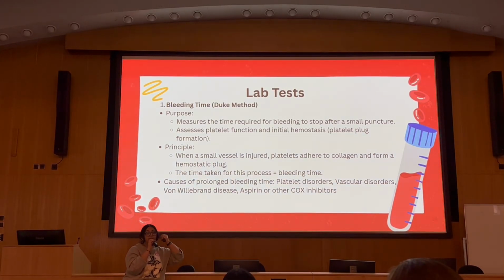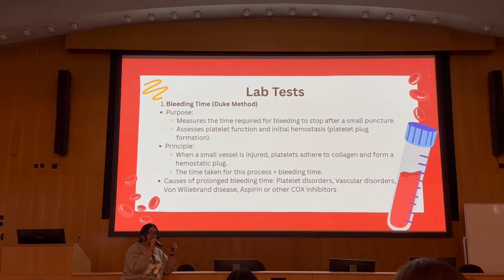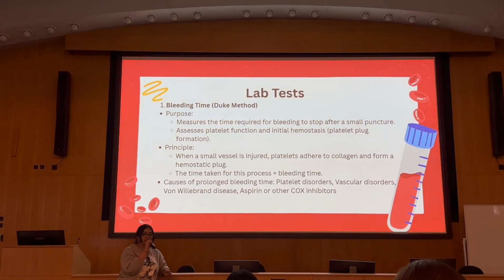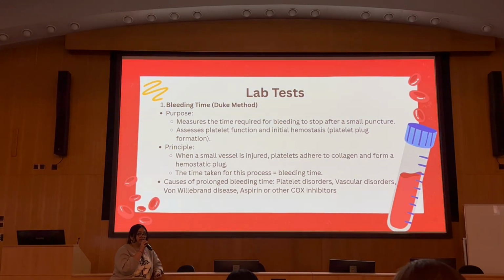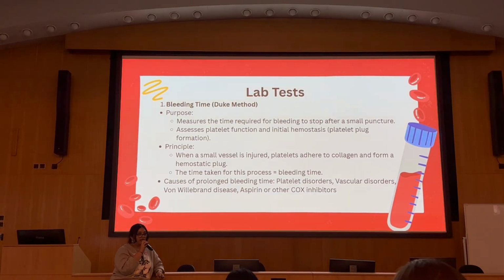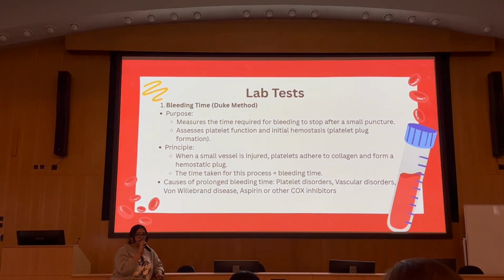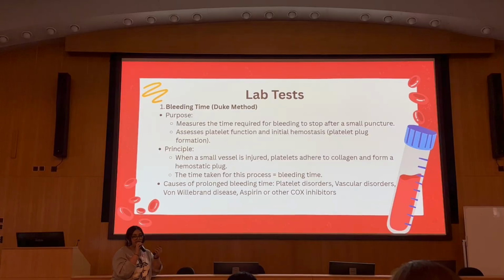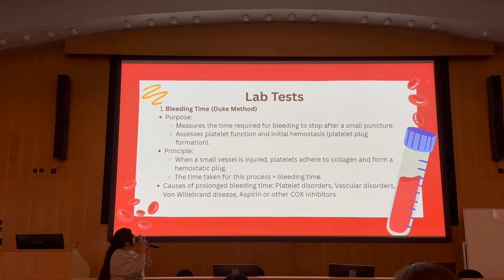You keep blotting again and again, recording how long it takes for the bleeding to stop. That's your platelet formation. It usually takes 2 to 3 minutes, and there are around 11 to 13 blots which you will see on your paper. So that is your Duke method.